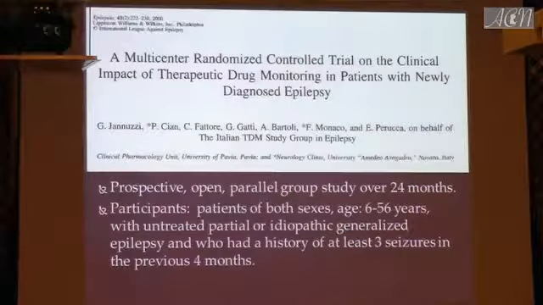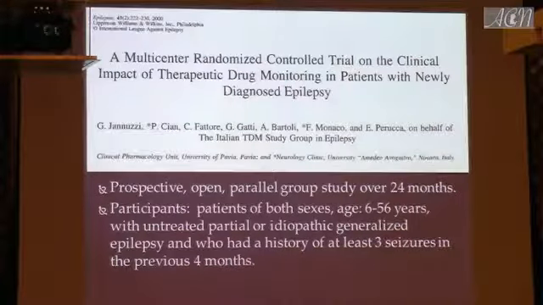Now, we only have two randomized control studies on therapeutic drug monitoring and its efficacy in clinical practice. The first study was a multi-center randomized control study on the clinical impact of therapeutic drug monitoring in patients with newly diagnosed epilepsy, in patients who were treated with monotherapy.